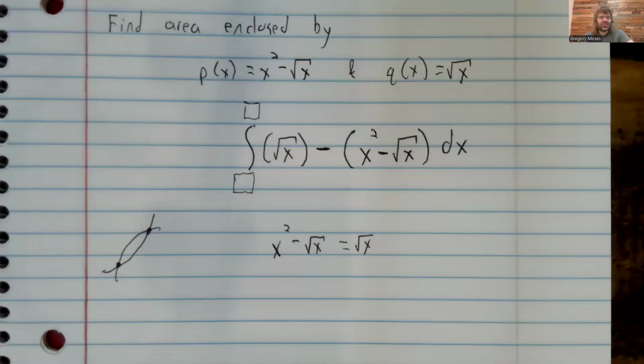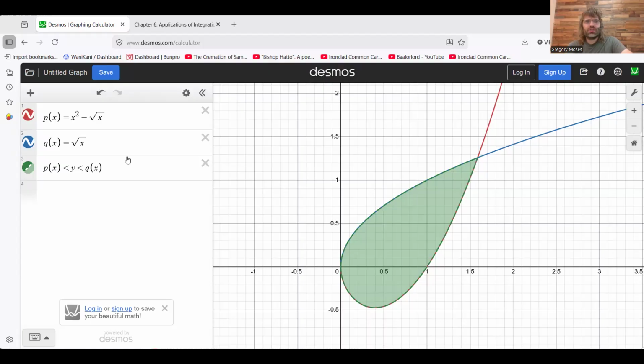So when I said that I direct you towards technology, Desmos knows that we care about curves intersecting each other. So if we just click on this graph near this first point of intersection, it will just pop up for us.